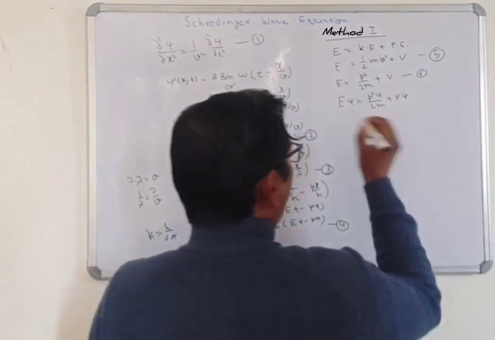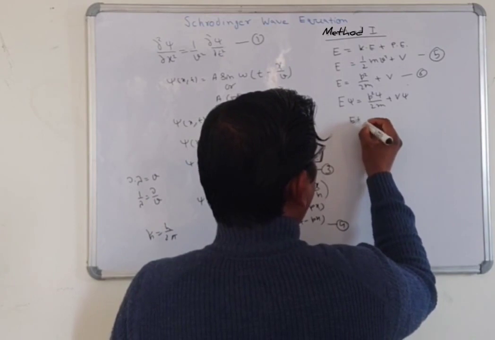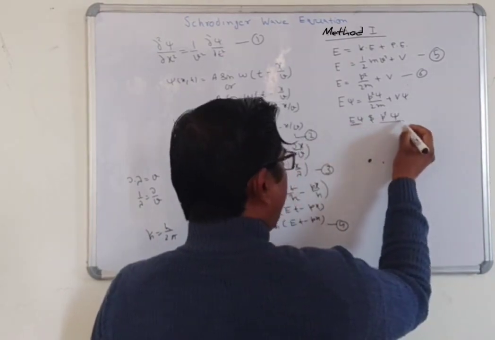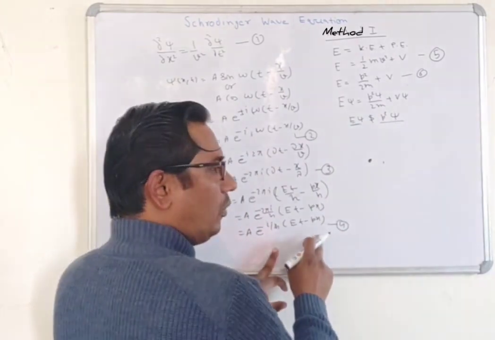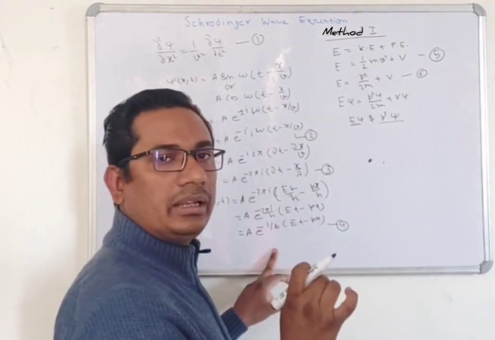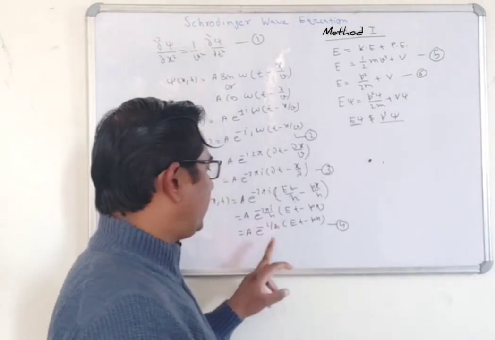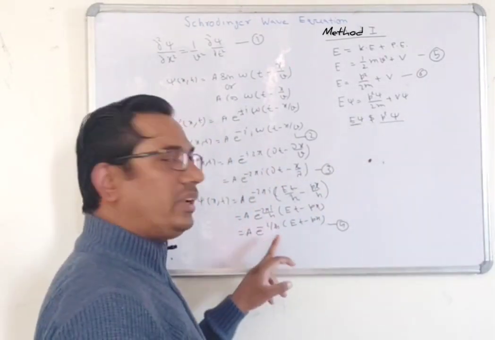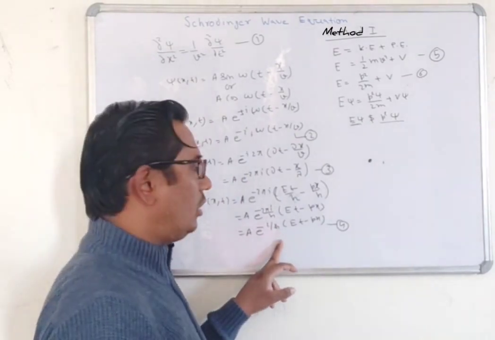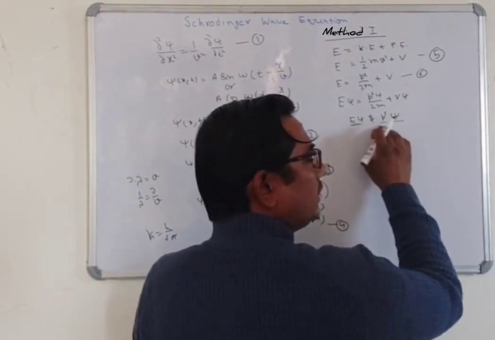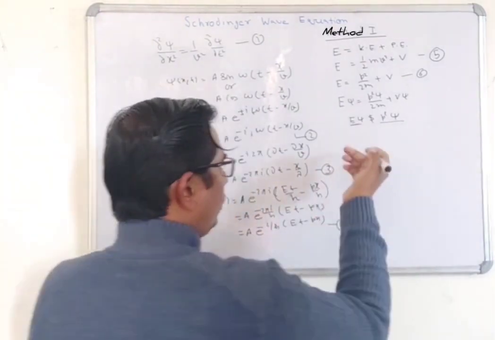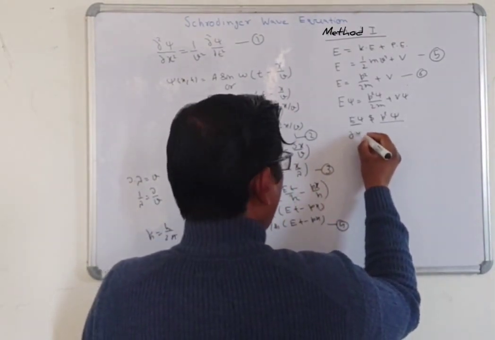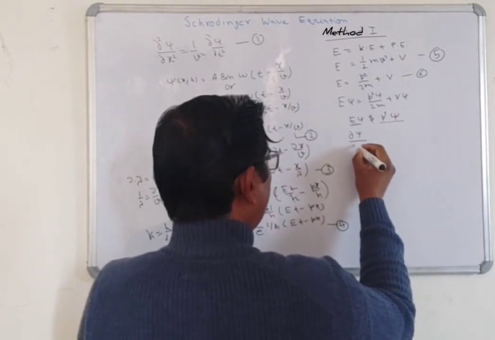Now the question is, what is the value of E psi and p square psi? We can obtain these values from equation 4: by taking the first derivative with respect to time we obtain one, and by taking the second derivative with respect to position we get the other. First we take the first derivative of equation 4 with time.